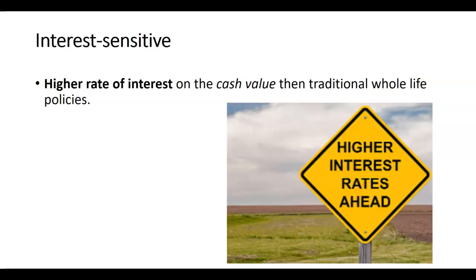Okay, so the first thing that we have is interest-sensitive life insurance policies. What is that? Interest-sensitive policies have higher interest rates on the cash value than what we see on our normal traditional whole life policies.